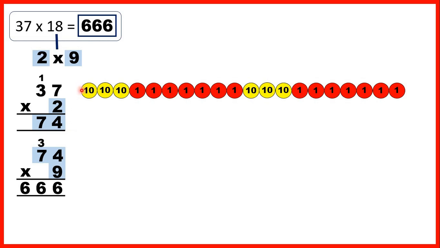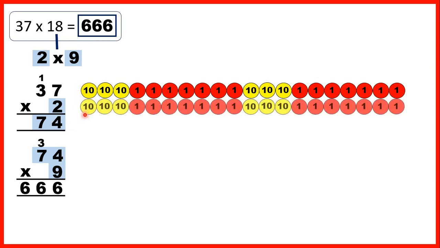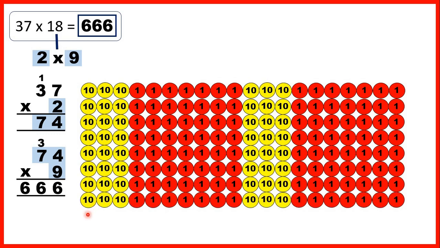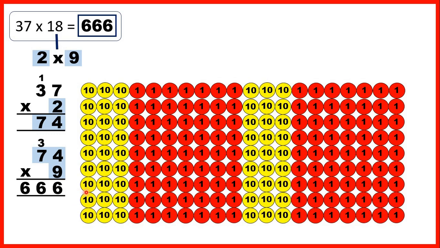So we can show the counters that we have here 9 times. If we regrouped all of these counters, we would get 666. But you can see here that we've shown 37 18 times, and we've done that by first multiplying by 2 to get one long row, then multiplying by 9 to get 9 rows.